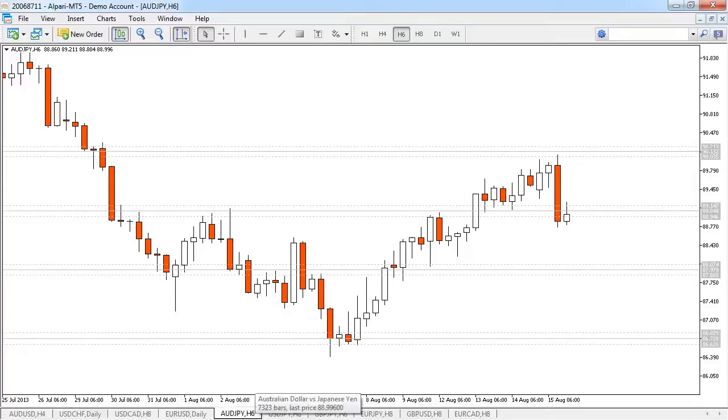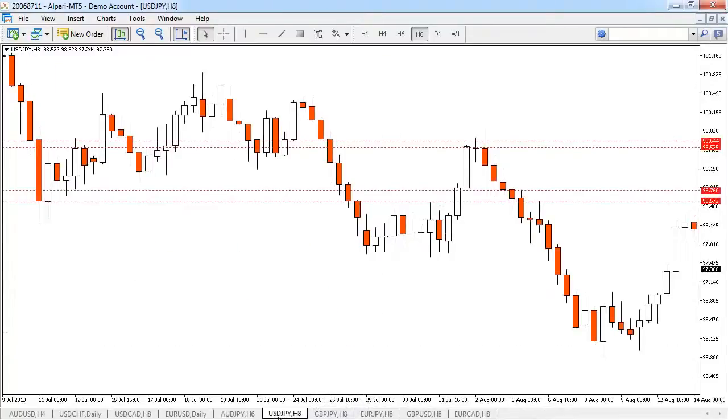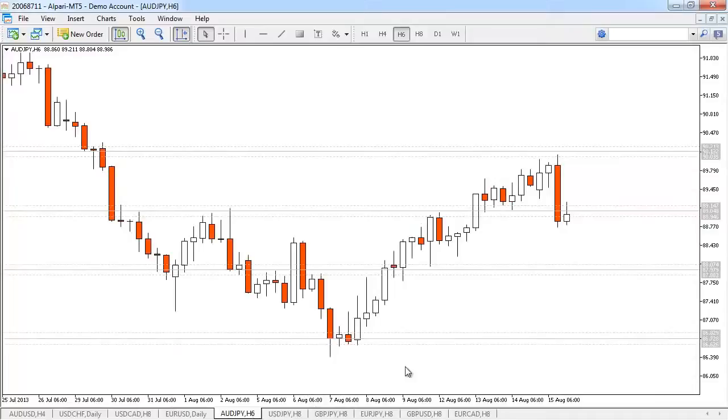But most of these odd pairs down here, I only have them here because there's a lot of people in the advanced course trading a bunch of different pairs, and they'll ask me, "Hey Nick, I'm taking a trade on EuroCAD, can you check it out? Hey Nick, I'm taking a trade on AUD JPY, can you check it out?" And I check it out for them, and that's why I have so many charts open down here.